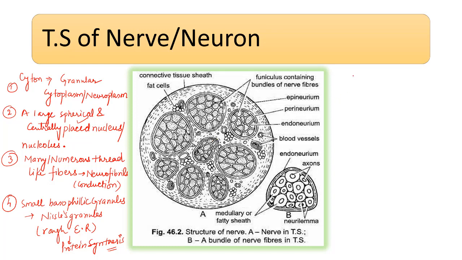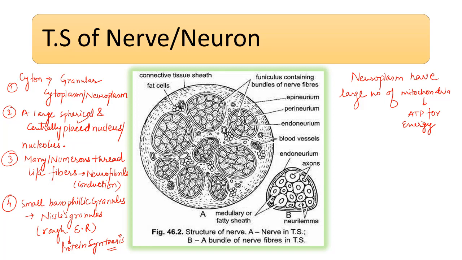So the cyton or the neuroplasm has a large number of mitochondria to provide ATP for energy. Okay. This energy is utilized in conduction of impulse or the stimuli message.